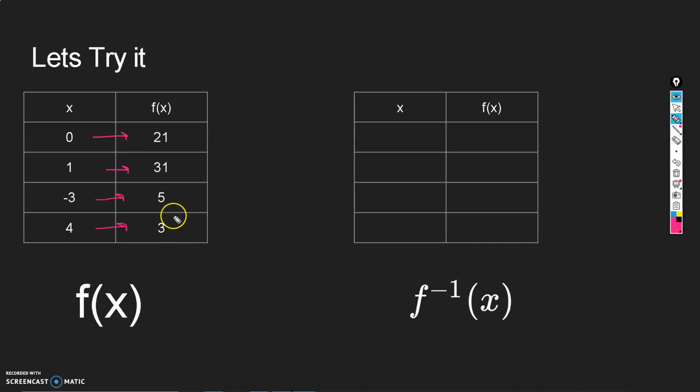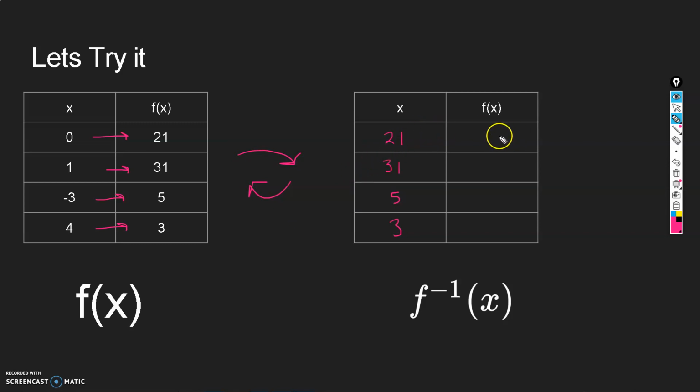Okay, well, if I want to reverse all of that, so I'm going from x to f of x, I'm now basically switching these columns. So now I'm going to have 21, 31, 5, and 3. So the inverse of this function is just, again, let's go the opposite direction.